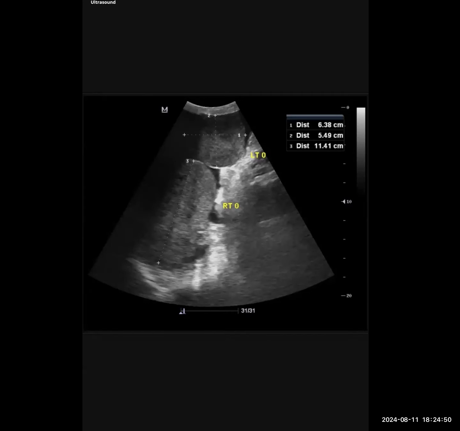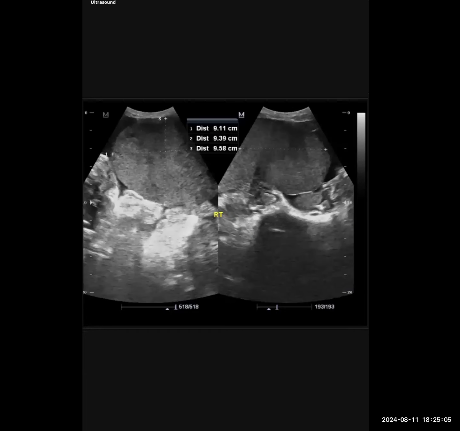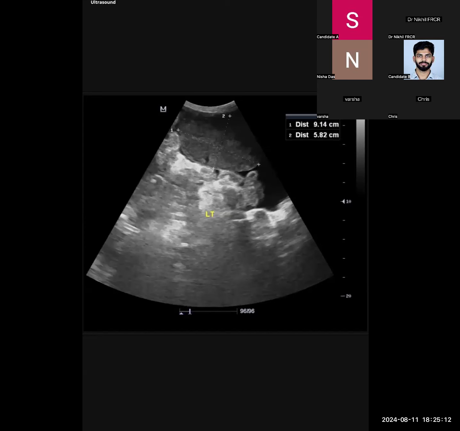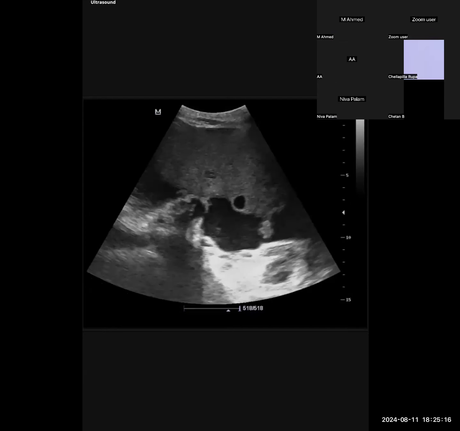So I'll quickly show you 4 images, and then you can tell me which ones you want to see. Okay, this is the first image. Let me know when you want me to switch, because you can't scroll, so that's why I'm just going to show you quickly. Okay, right.